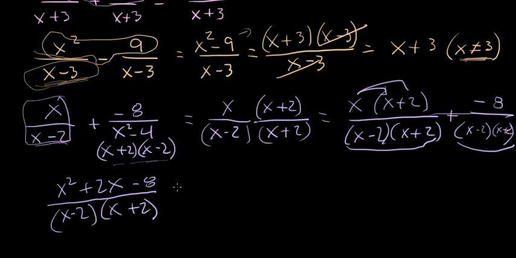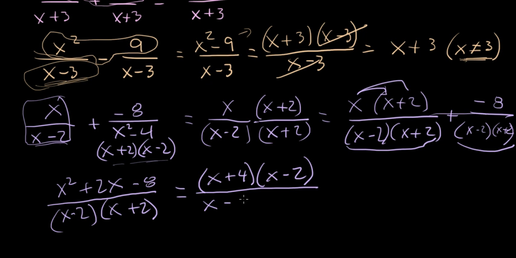Now, what does that reduce to? I can factor this numerator, x plus 4 times x minus 2. 4x minus 2x gives me positive 2x. 4 times negative 2 gives me negative 8. So, I've got now something that's pretty simple. x plus 2.